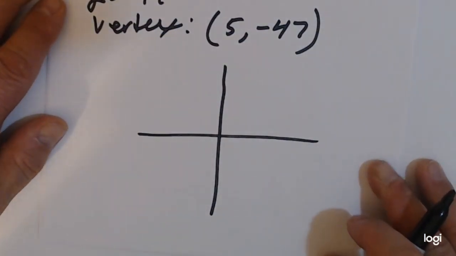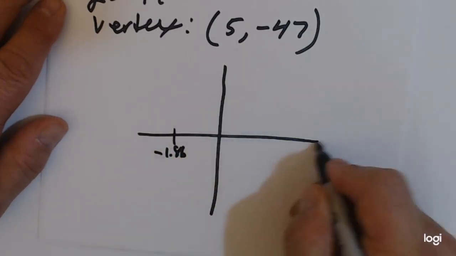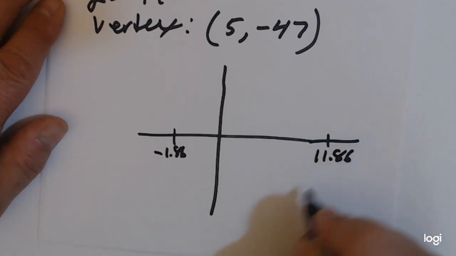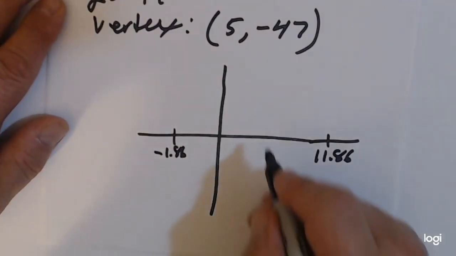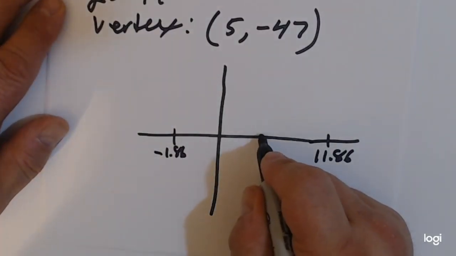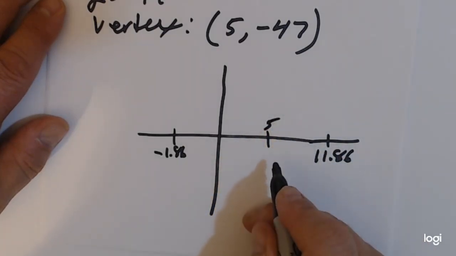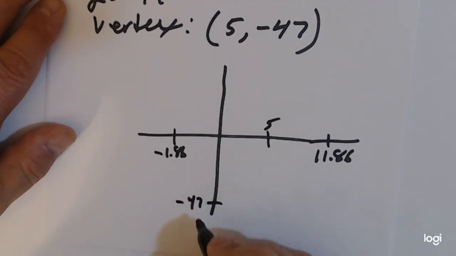So let's draw this graph. We're at about negative 1.86 and about 11.86, and 5 is the vertex, x equal 5 and y equal negative 47.